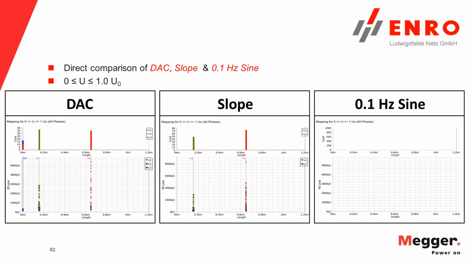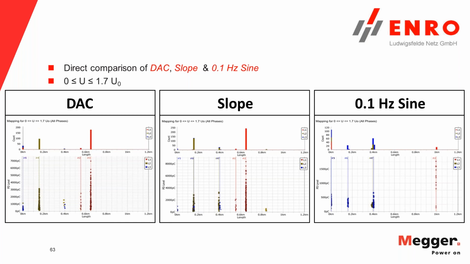Up to U0, you get the results with damped AC and with slope, and you can see very similar to what the contractor measured. And the sinusoidal was quiet, nothing there. Then you go up to 1.7 and you see a whole lot more coming out of that XLPE cable. Now, sinusoidal is measuring something as well, but look at the count up there, look at the histogram, if you can read this.